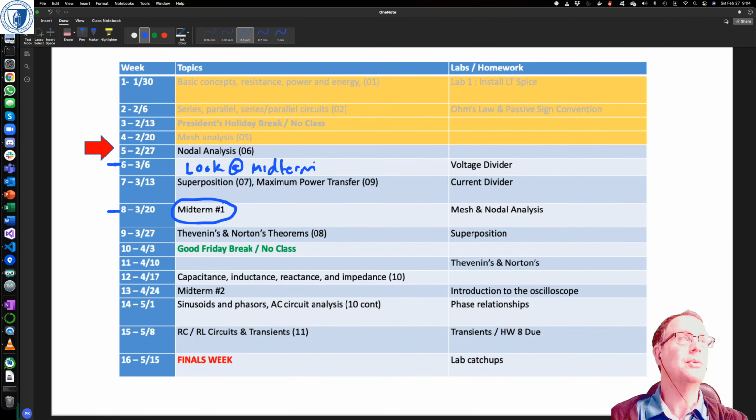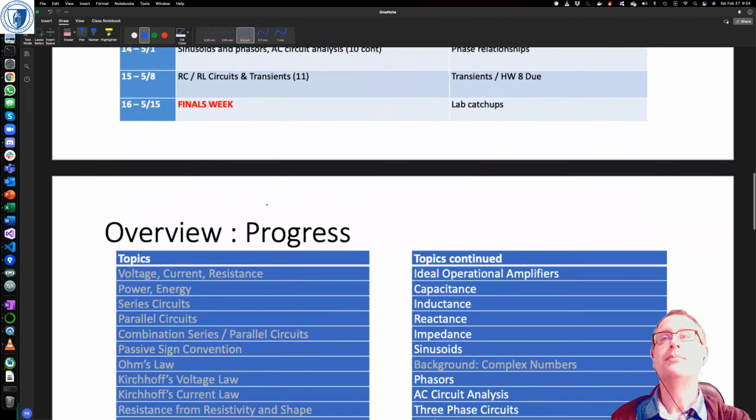Okay, those 3 topics that we looked at in the first tutorial sheet. But I'll release that next week, and we'll go through it.